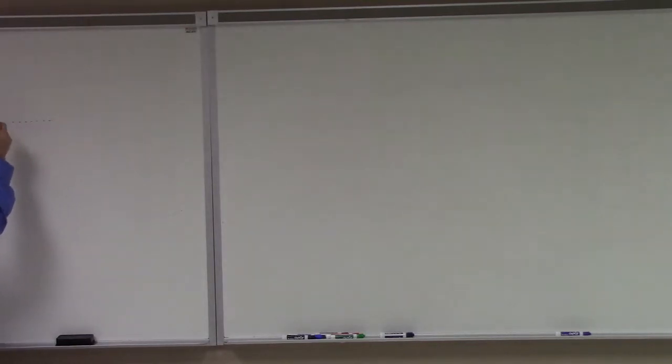So we were looking at the keyhole contour problem, and just to remind you of the setup here. We had 0, and then the positive x-axis.